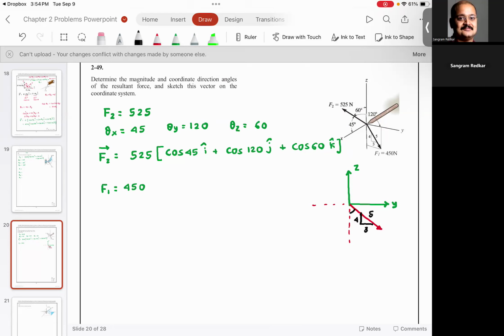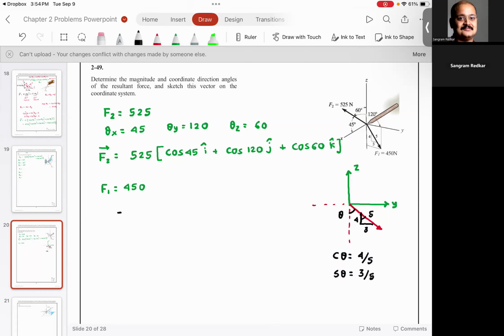This angle theta is the same as this angle. So cosine theta is 4 by 5. Sine theta is 3 by 5.